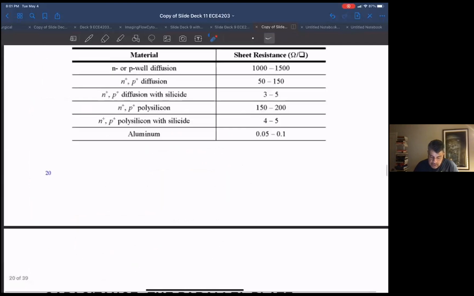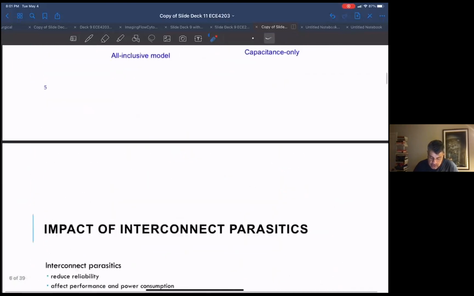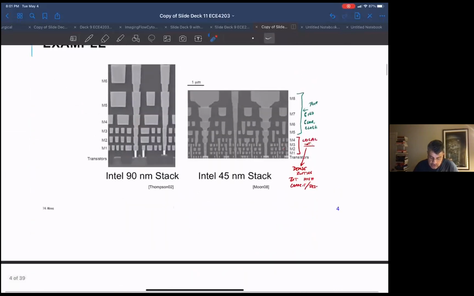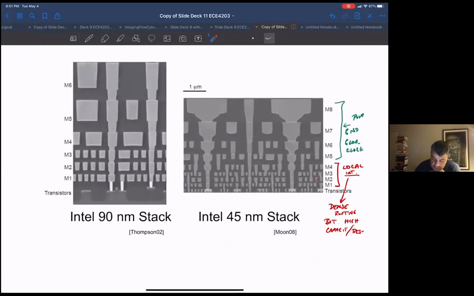Now the problem with this model, going back to our scanning electron micrograph cross sections, is you see how the actual cross section of a metal line looks pretty different than that. This height is very tall and not very wide.